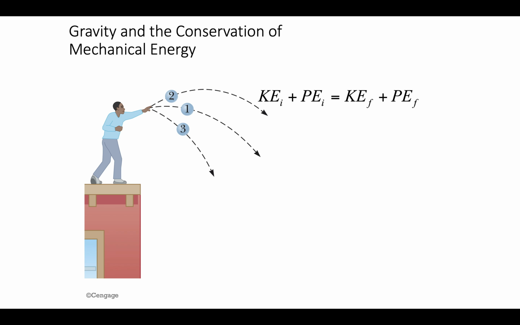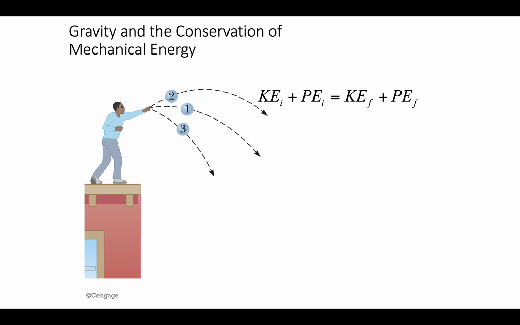Okay? So, conservation of energy. If there are no non-conservative forces doing work on the system, then I have energy conservation as expressed by this equation. And so I can throw the ball up, horizontally, or down. And if I throw them at the same speed, then my total energy is going to be the same in all three cases.